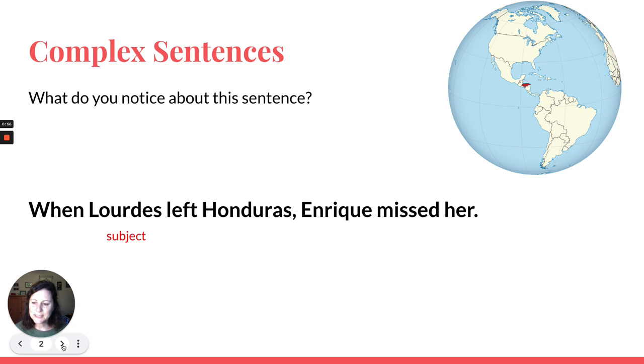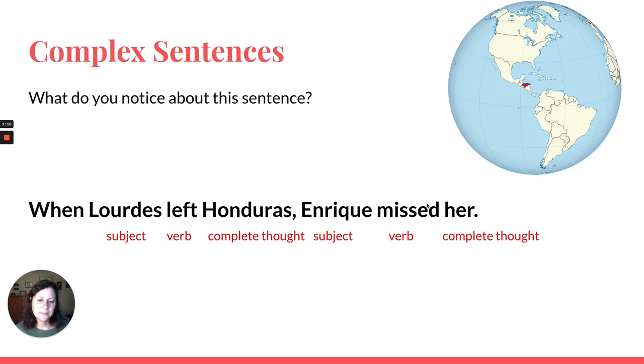We have Lourdes, and we have a verb, left, and the complete thought is Honduras. So it's like we have one sentence over here, but then we have another subject, Enrique, and another verb, missed, and another complete thought, her. So we sort of have two sentences in this sentence.